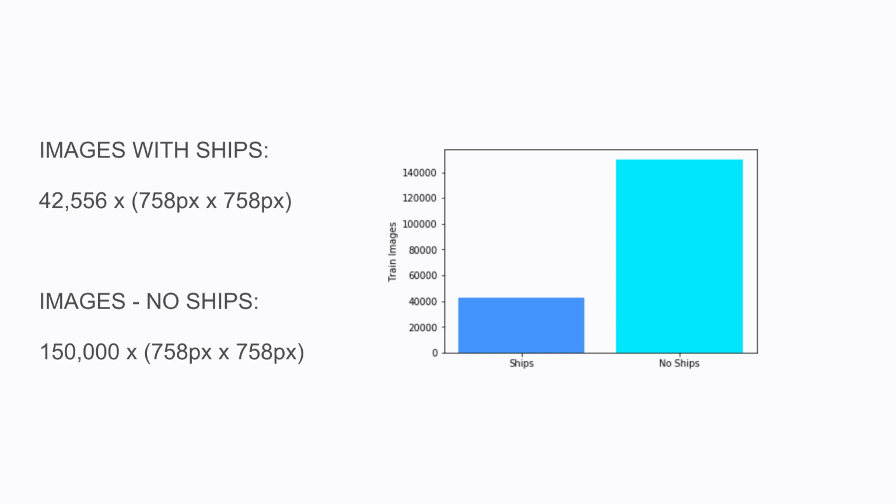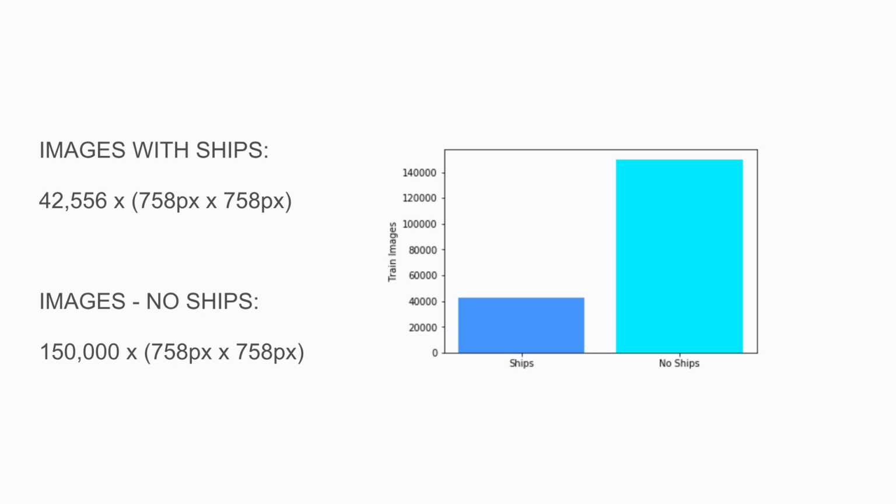So most of the teams, and my colleagues will talk about it later, I guess, trained their model on just the images with ships, because to determine whether an image had a ship or not, they used a different model, which was basically just a ship classifier with quite high accuracy, something about 98%.